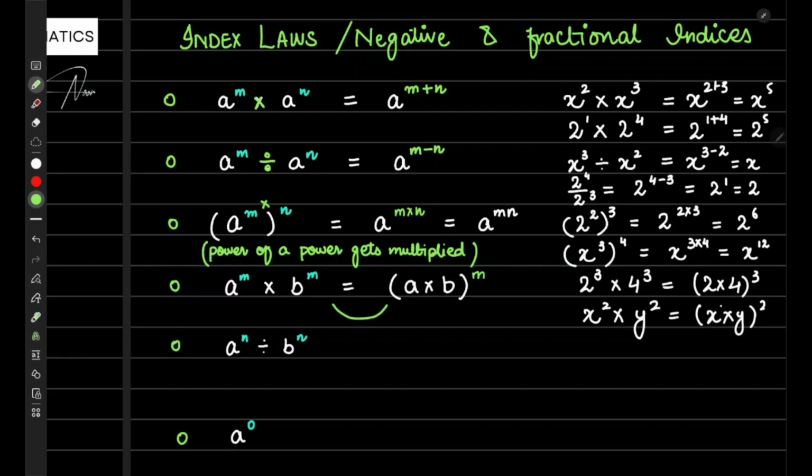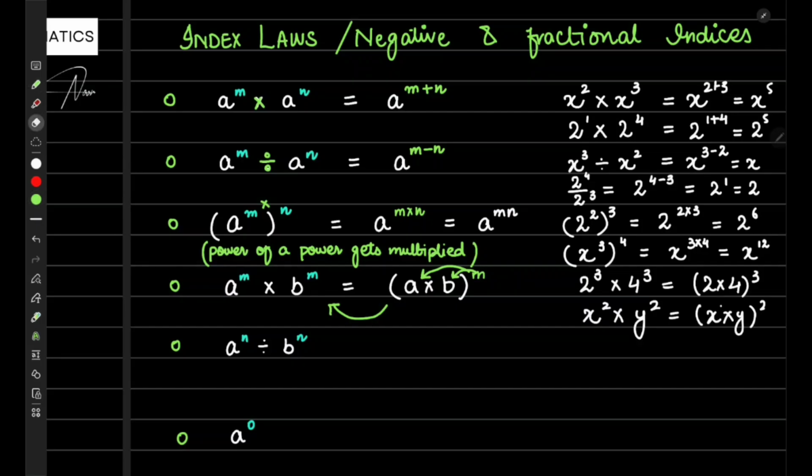This also applies vice versa. It means if you have two numbers or two variables that have some power m, then the power will be distributed on your a and on your b also. So you will again get a to the power m times b to the power m.